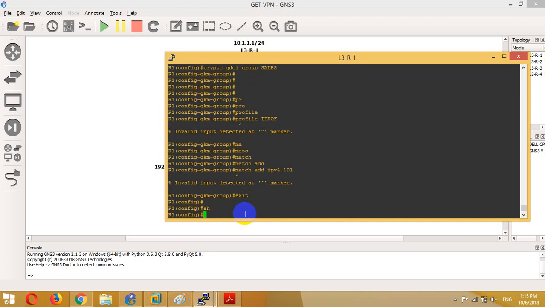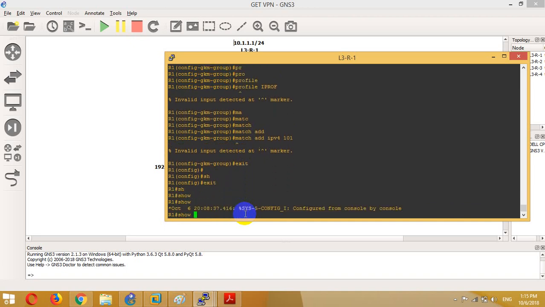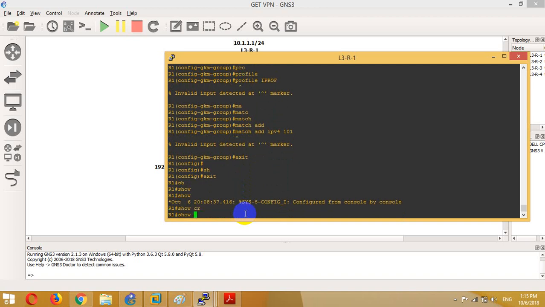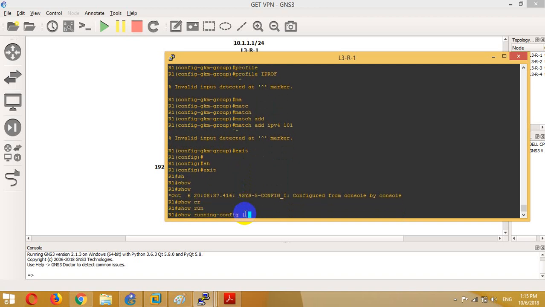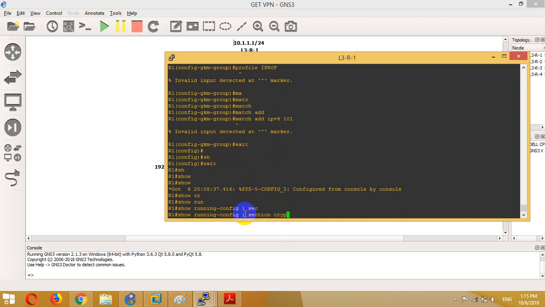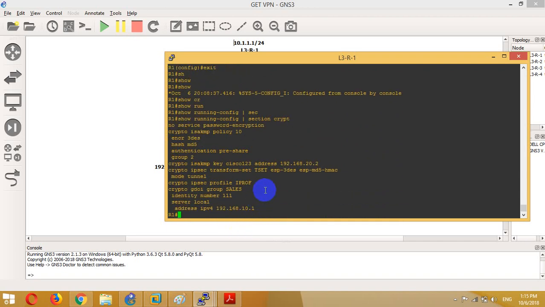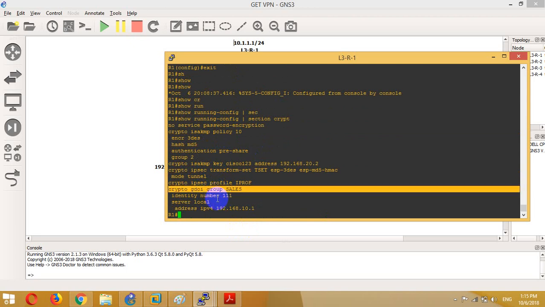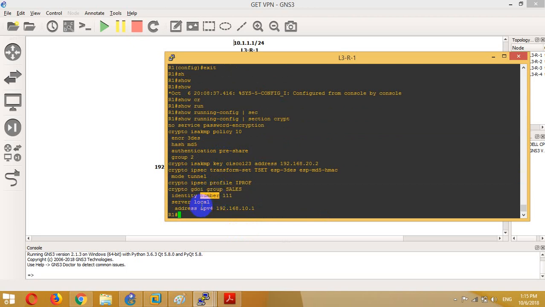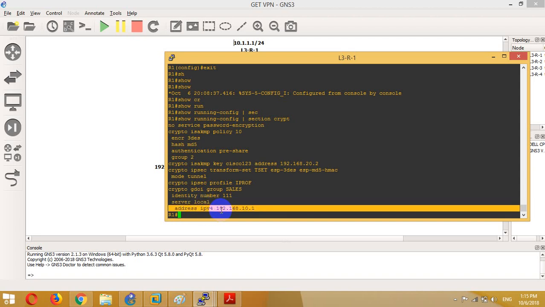Exit, show run section crypto. We have crypto GDOI group sales and identity number, server local, and we gave it this IP.